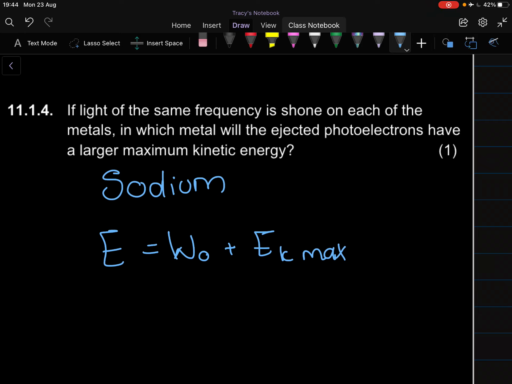Okay, now they didn't ask you to explain it, but I want you to see it. This is the same for sodium or silver, because it's the same light. This is what's different. So if for sodium this is smaller, EK must get bigger, so that we have the same total energy of the photons.